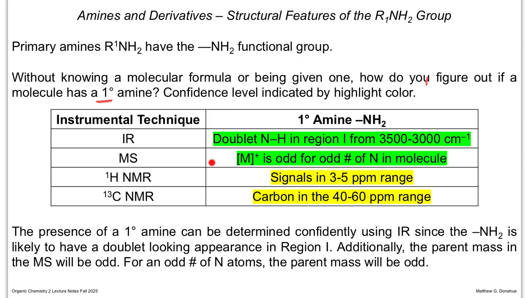For all of the cases, primary, secondary, tertiary, as long as there's an odd number of nitrogens, the parent ion mass will be odd.